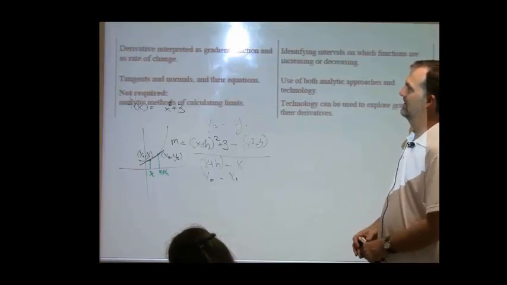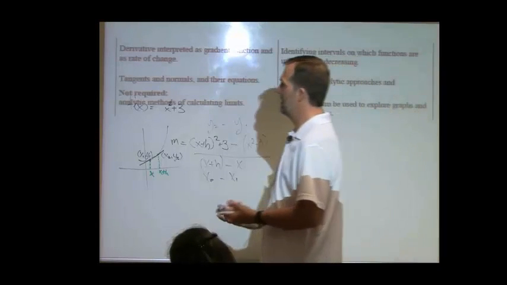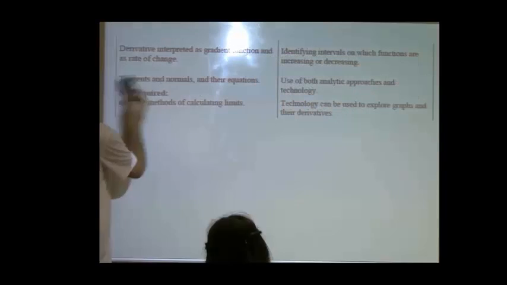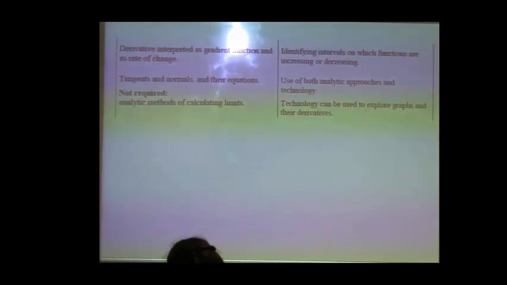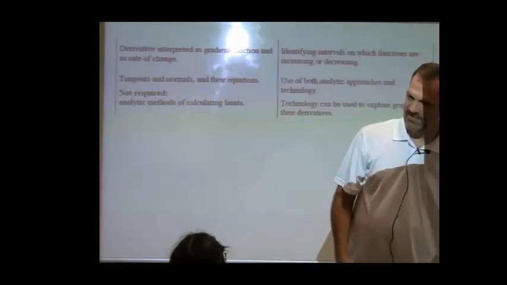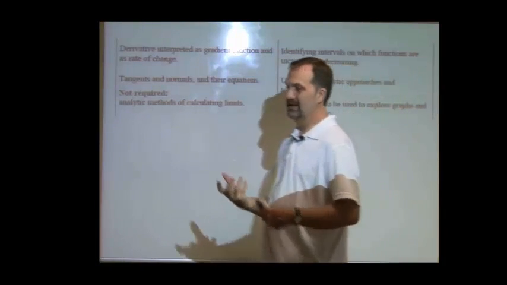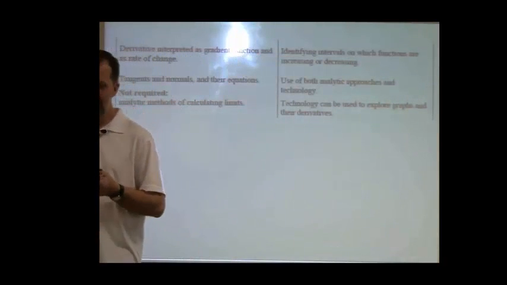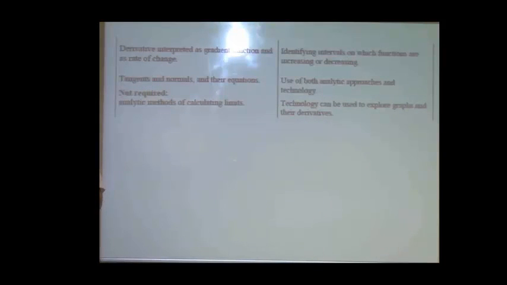Then the derivative is interpreted as the gradient of the function. Do we understand what that means? The gradient. Yeah, the derivative. Interpreting the derivative is the gradient of the function, and as a rate of change.